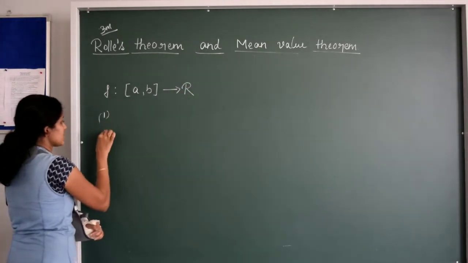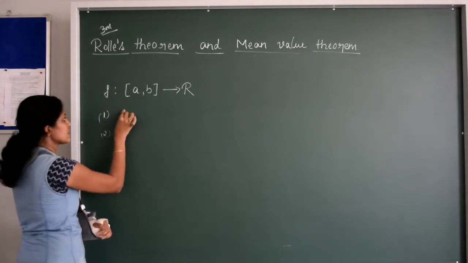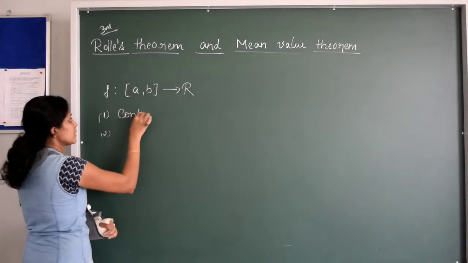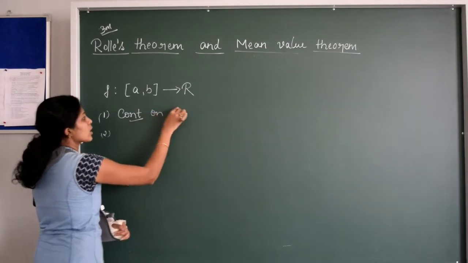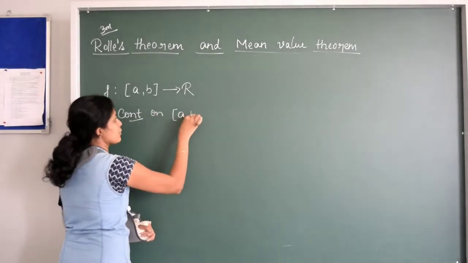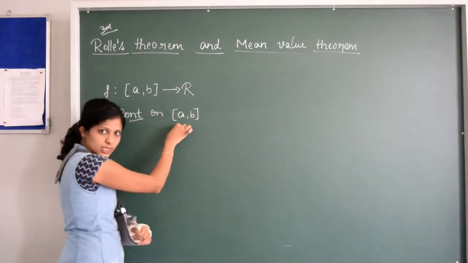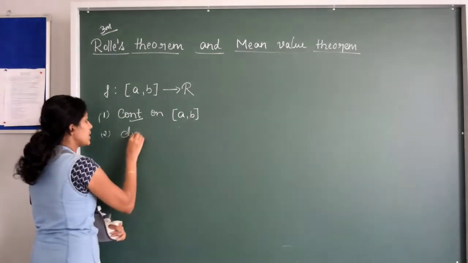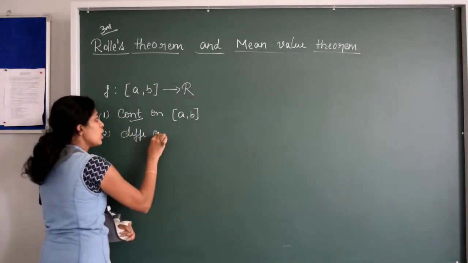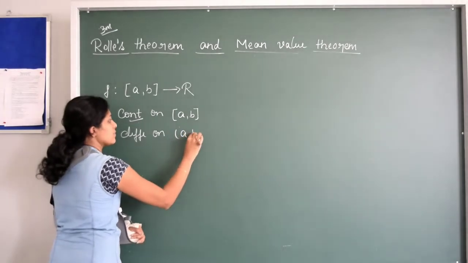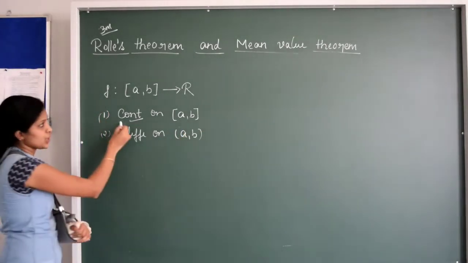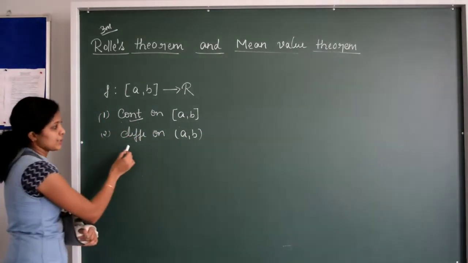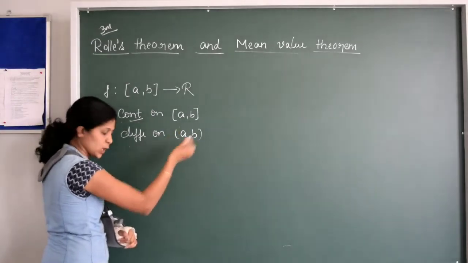Here two conditions are there. The first condition says that, similar to that, the function should be continuous on the closed interval a comma b, and it should be differentiable on the open interval a comma b. Is it clear? The function is continuous on the closed interval a comma b and differentiable on the open interval a comma b.